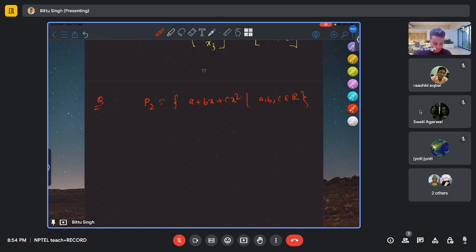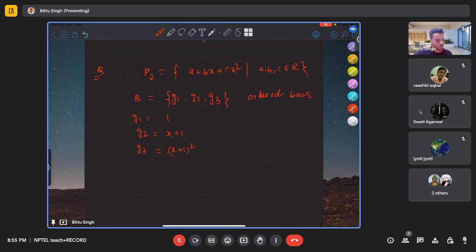Now the question is, given an ordered basis B, given by G1, G2, G3, where G1 is 1, G2 is x plus 1, and G3 is x plus 1 whole square.